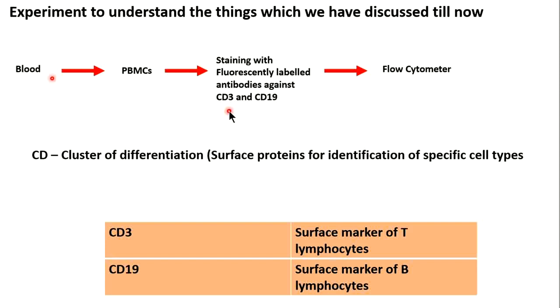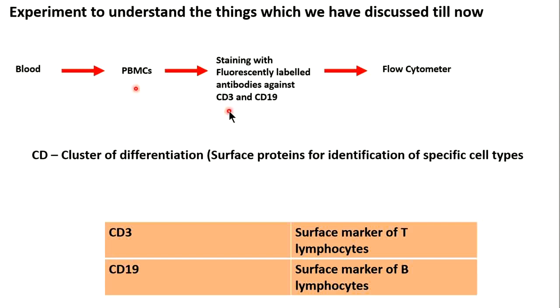I have taken blood from a human, and from that blood, by using Ficoll gradient method or any other sugar gradient method, I have isolated PBMCs, peripheral blood mononuclear cells. So you can say these PBMCs do not have RBCs.